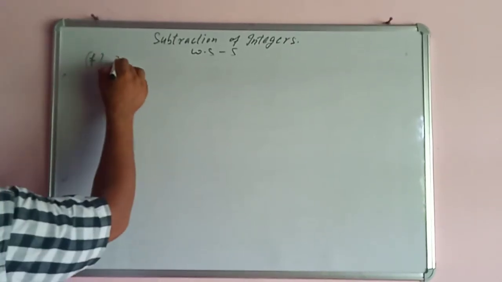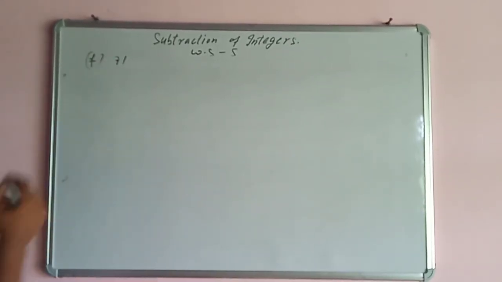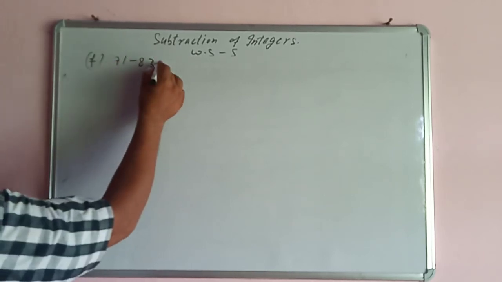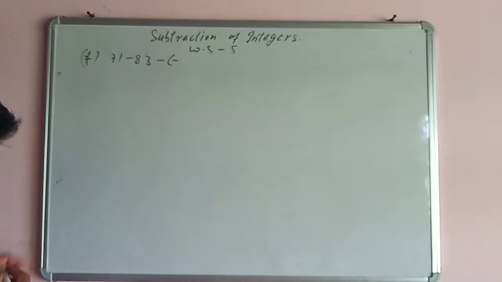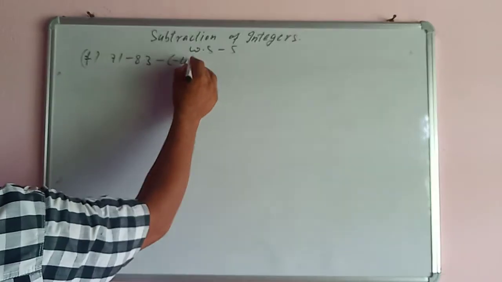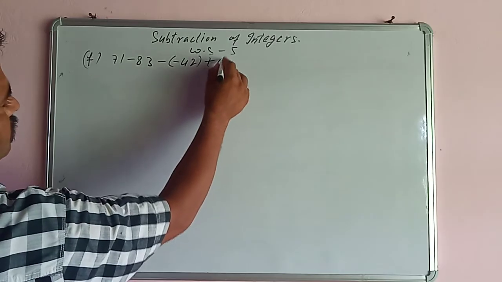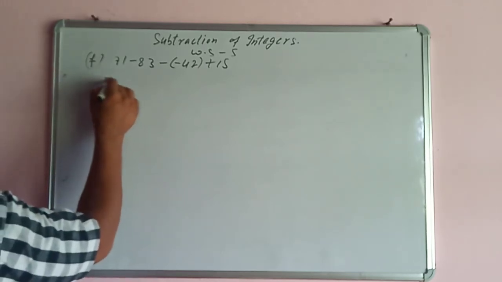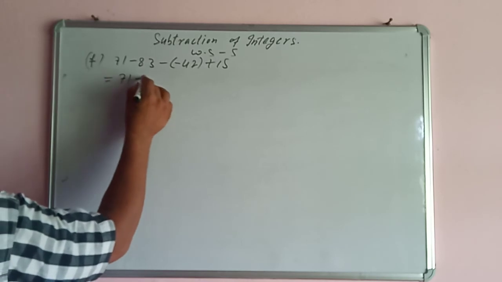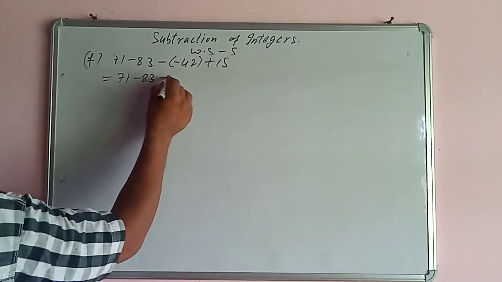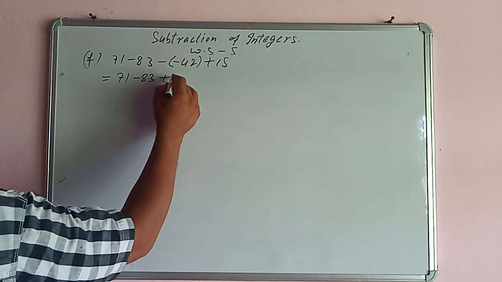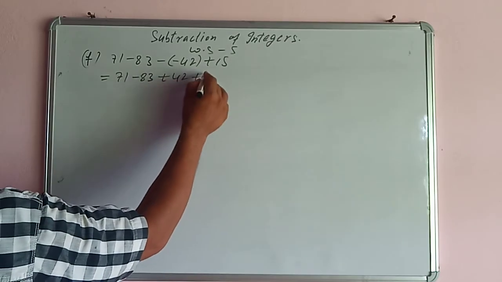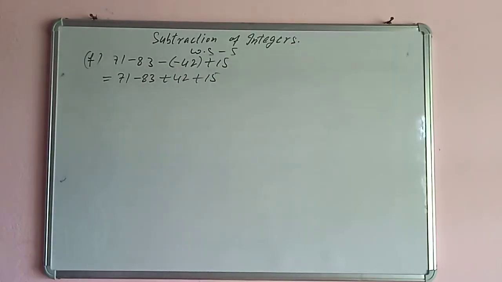In the F part it is 71 minus 83 minus 42 plus 15. So in this question we have four integers. So first of all it is 71 minus 83 minus into minus plus 42 then plus 15.